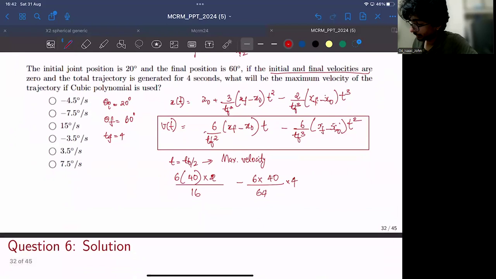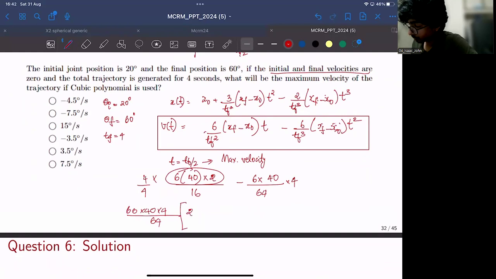So if I simplify this, what will you get? I can take this 60 into 40. So if I also multiply this by 4, by 4, what will you get? 60 into 40 into 4 by 64, into 40 into 4.